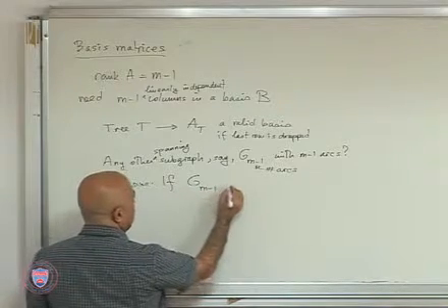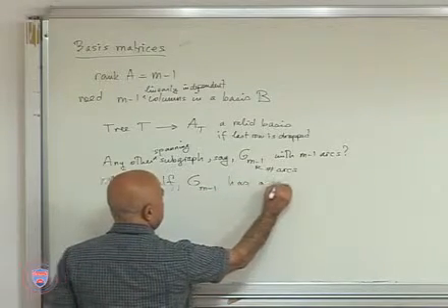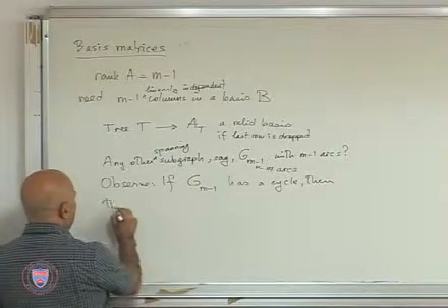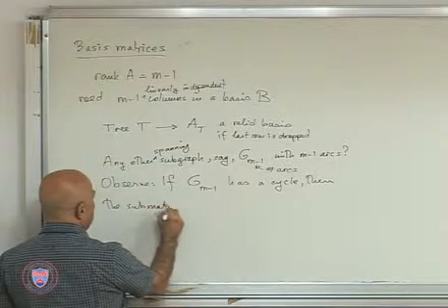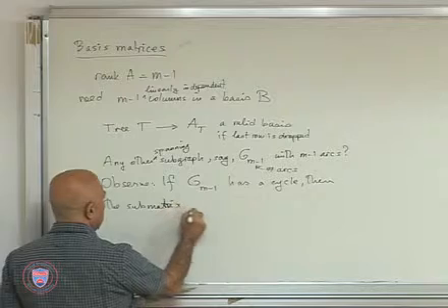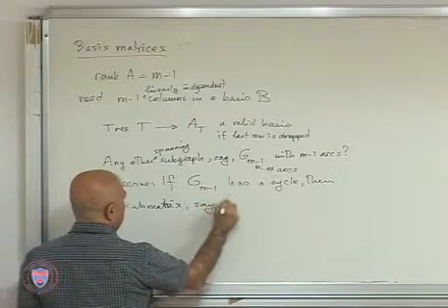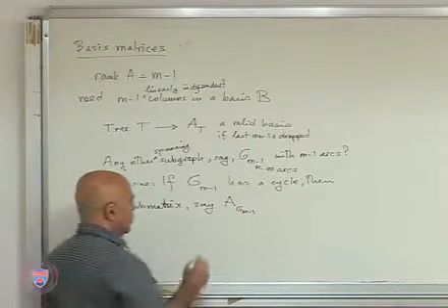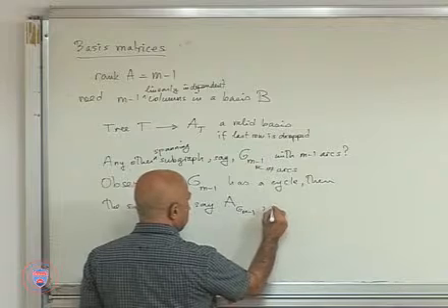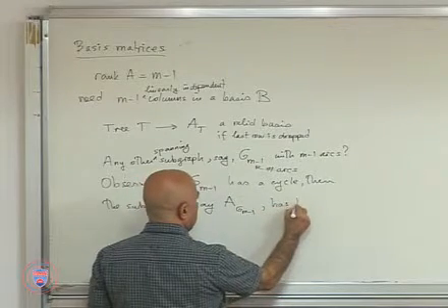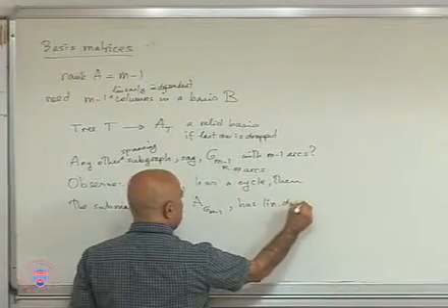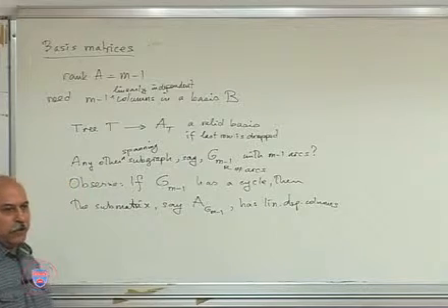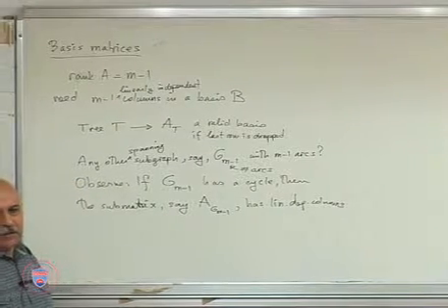So if G sub m-1 has a cycle, then the submatrix, say A G sub m-1, corresponding to this graph has linearly dependent columns. So whenever you have a cycle, you have linear dependency among the columns.